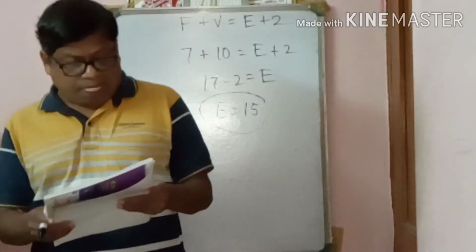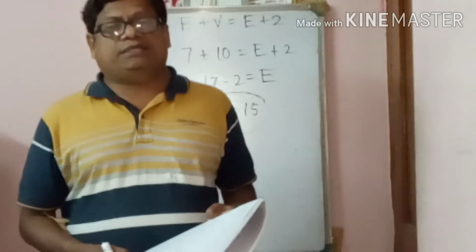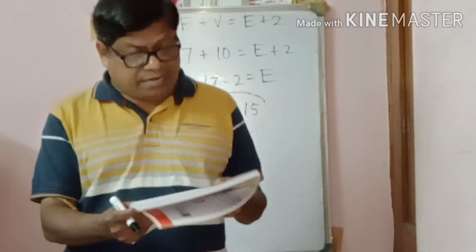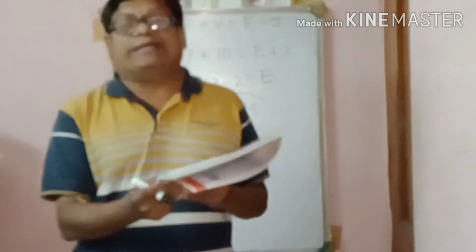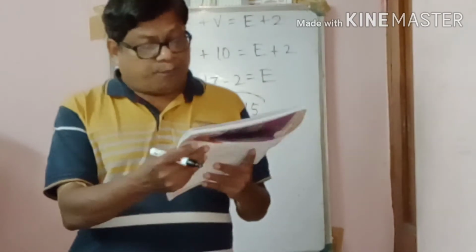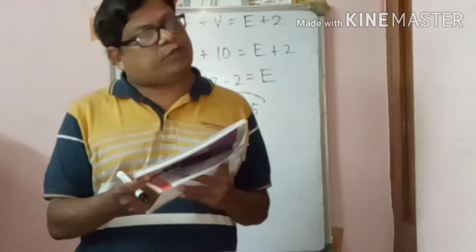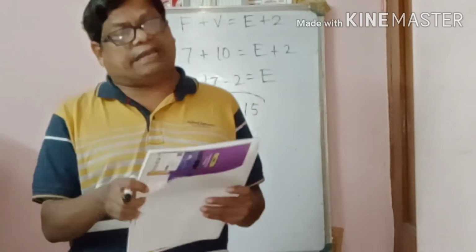Now question number 6: how many congruent isosceles triangles does a square pyramid have? The answer is 4 congruent isosceles triangles.